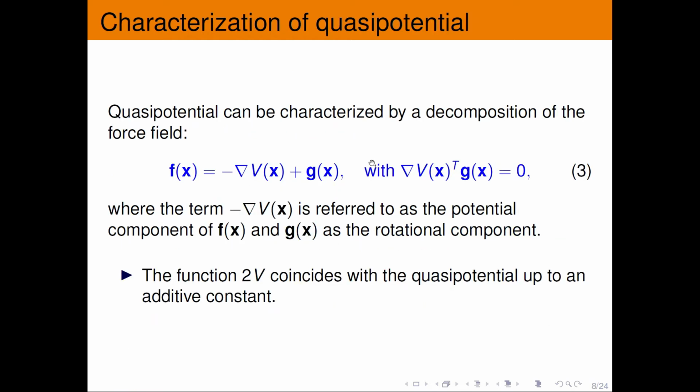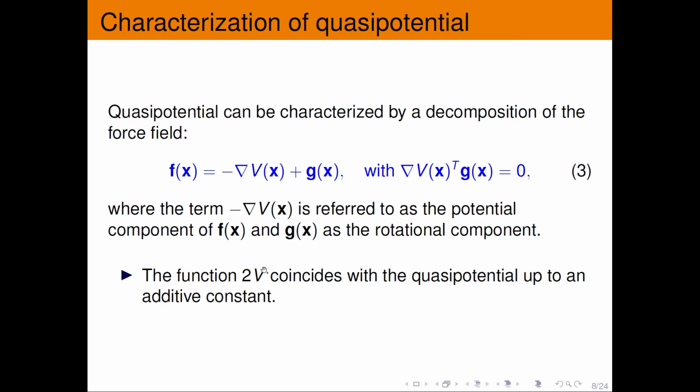Our method is based on this decomposition of the force field. We decompose the force field into the 2 components, where the term negative gradient of V is referred to as the potential component, and G is referred to as the rotational component. These 2 components are orthogonal to each other.